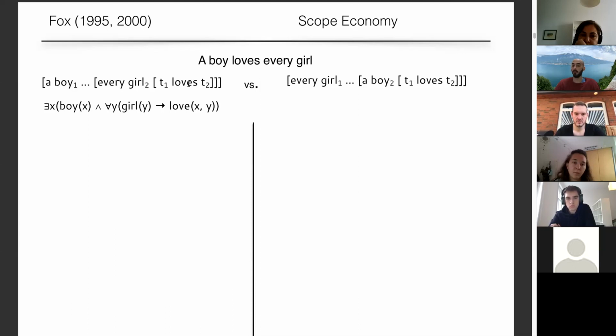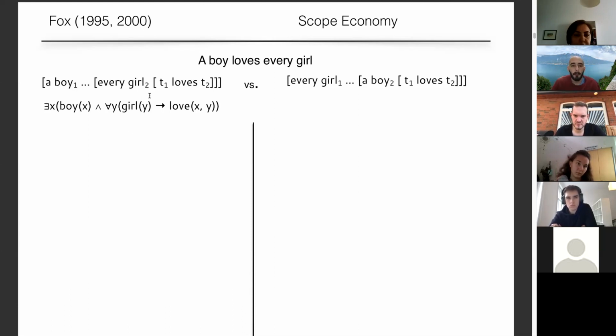So every girl runs would be: for every y, if y is a girl, y runs. Okay, so they're logically different, not only because of the operator, but also because of their binding properties and the way their meaning is implemented in the sentence. Okay.